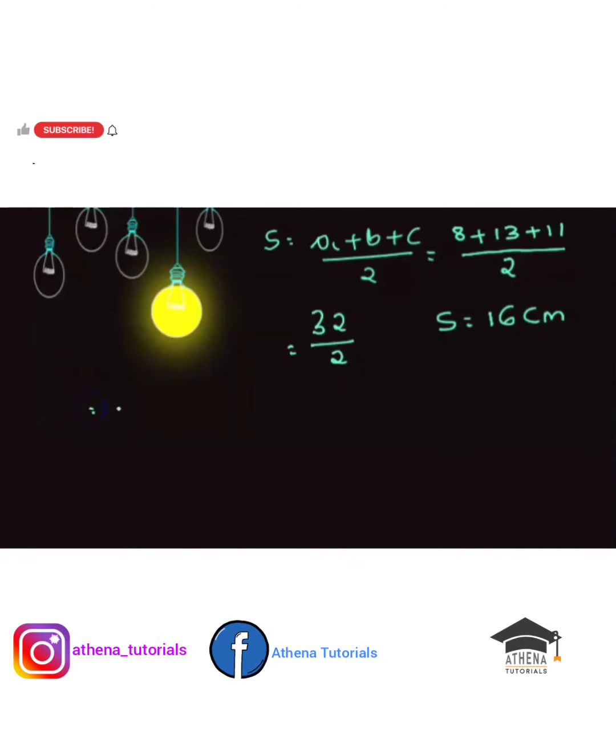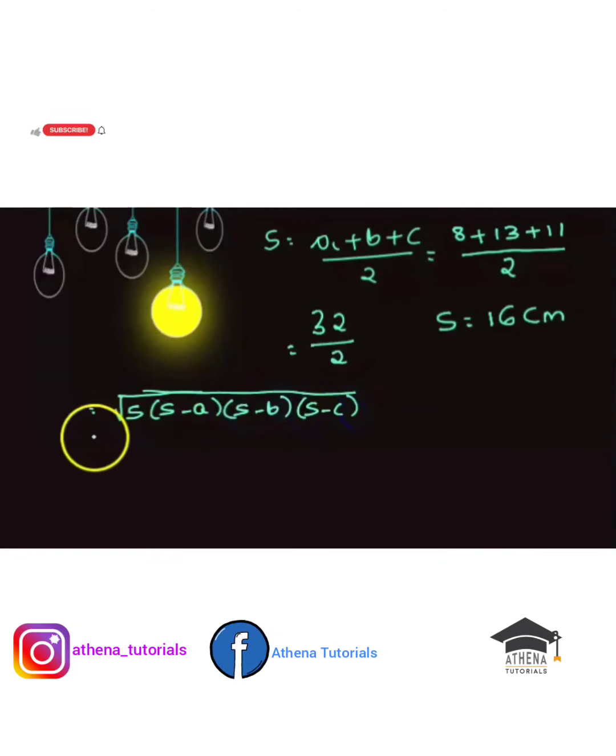Now let's substitute the values. The formula is root of S into S minus A into S minus B into S minus C. The value of S is 16.